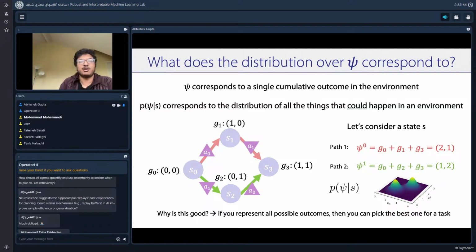Why is this good? If you don't want to commit to any particular reward and you don't want to commit to any particular policy at training time, it's like modeling the distribution of all possible things that could happen in the world. If you've heard of the notion of affordances, it's kind of like predicting a distribution of all the affordances. Like, what are all the things that could happen from this state?